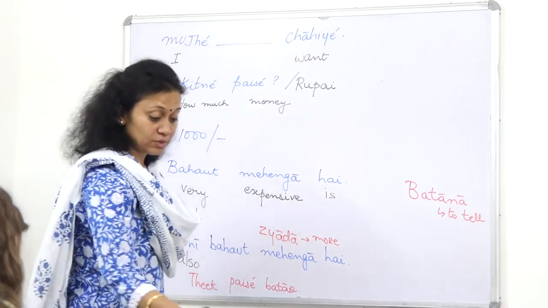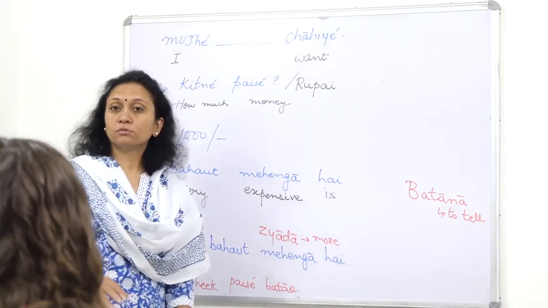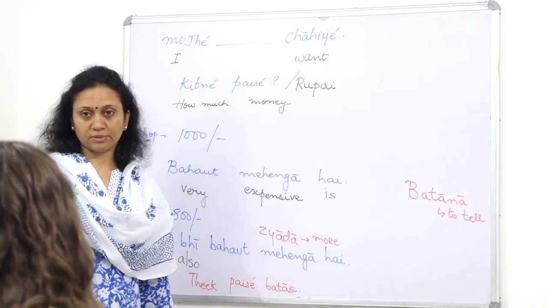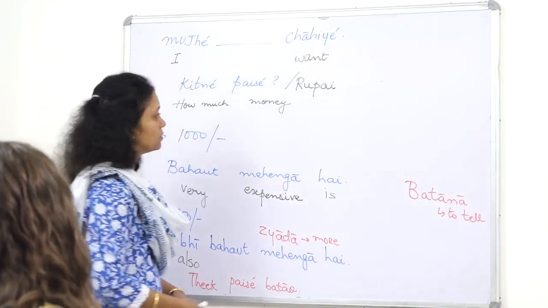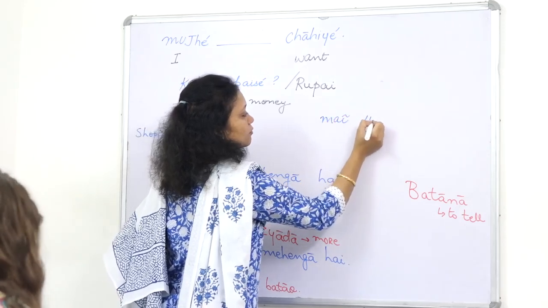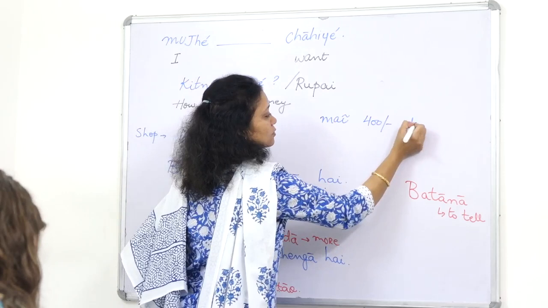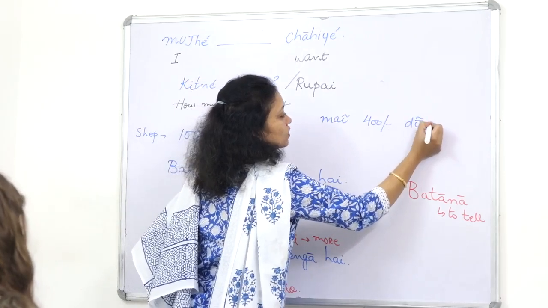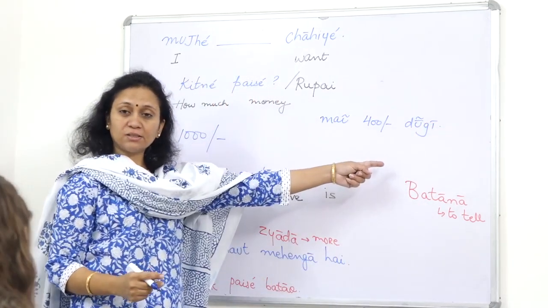Let's say at the end, you have to tell the person, I will give you 400 rupees, for example. So then you would say, मैं 400 दूंगी. When it's a girl saying it, it means will give.